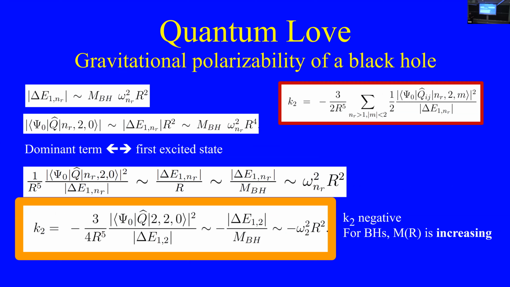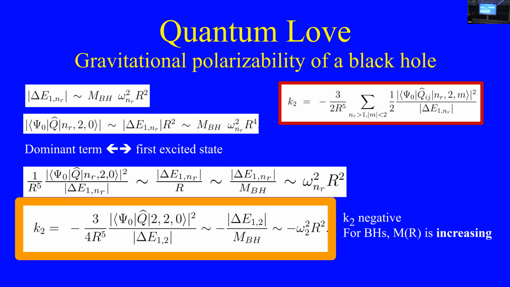So now I'm estimating, using the approximation that there is some discrete spectrum of waves, similar to fluid modes of compact stars. And I'm taking the approximation that this sum is dominated by the first excited state.